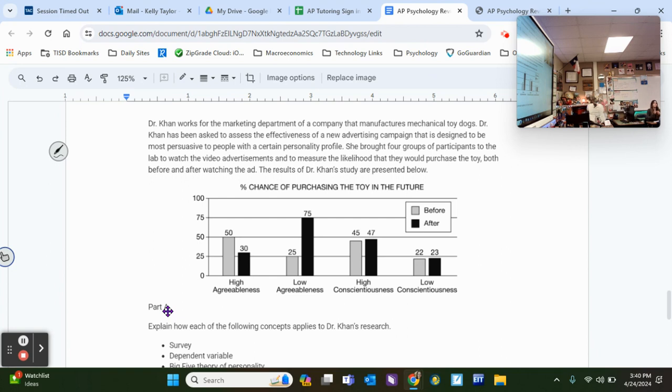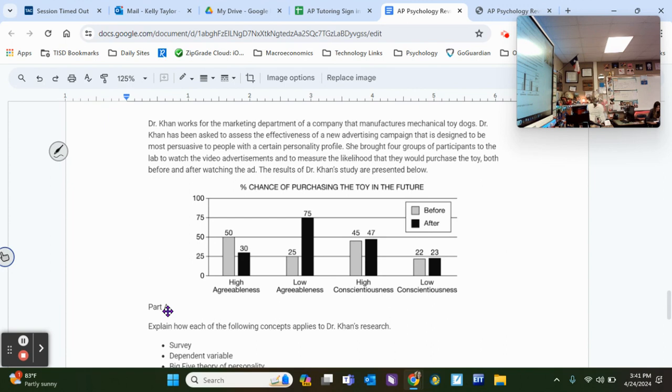Okay. Dr. Khan works for the marketing department of a company that manufactures mechanical dog toys. Dr. Khan has been asked to assess the effectiveness of a new advertising campaign designed to be more persuasive to people with certain personality types.